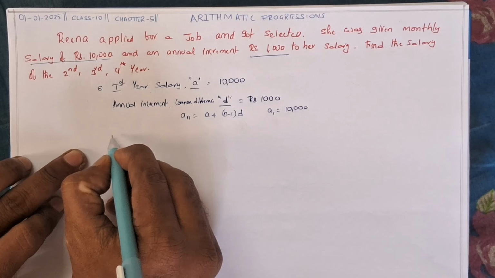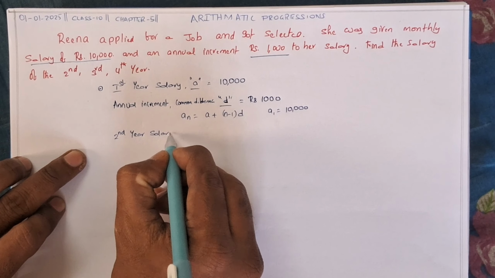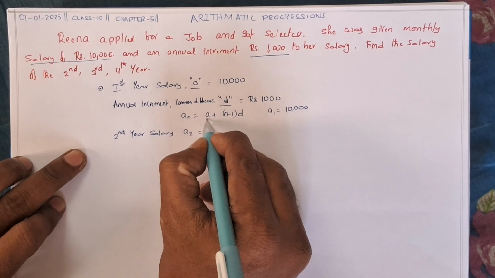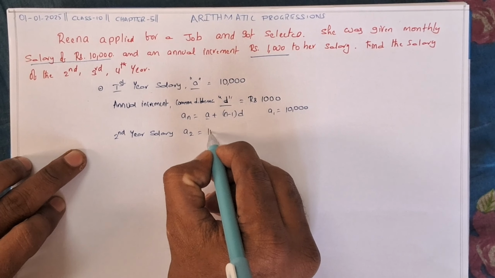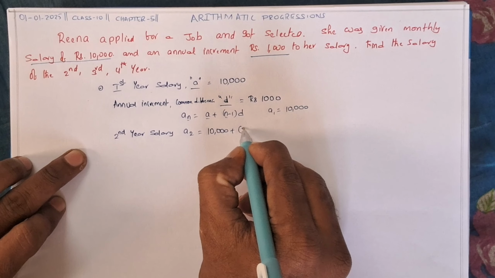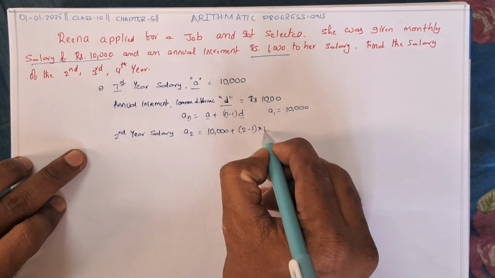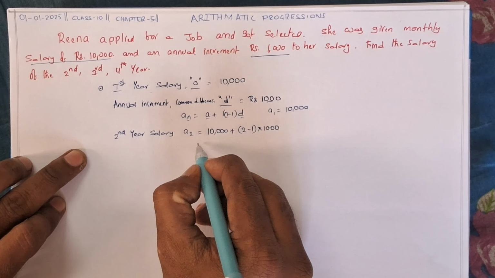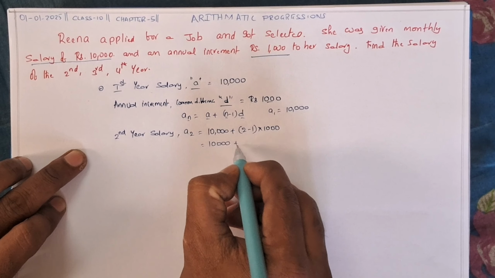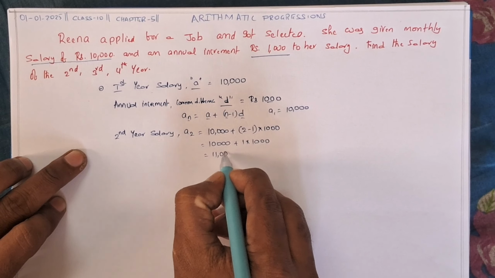Now we would like to know the second year salary, that is a2, that is equal to 10,000 plus (2 minus 1) into 1,000, that is equal to 10,000 plus 1 into 1,000, that is equal to 11,000.